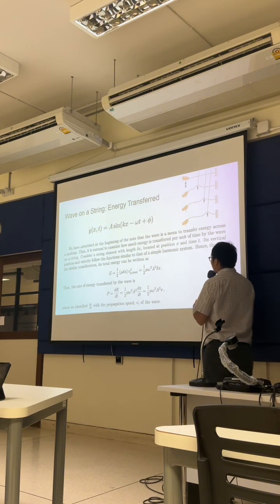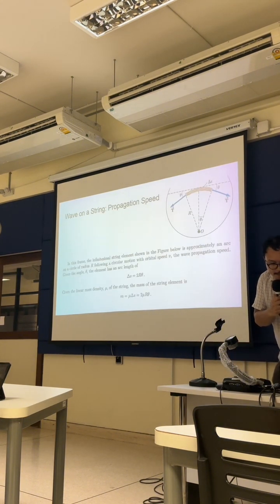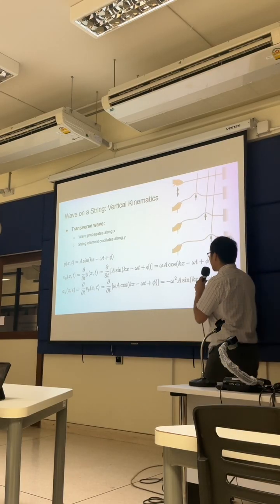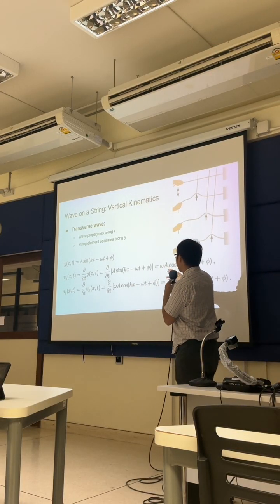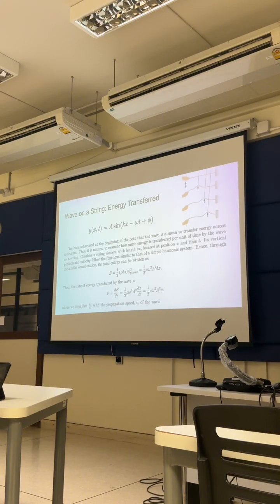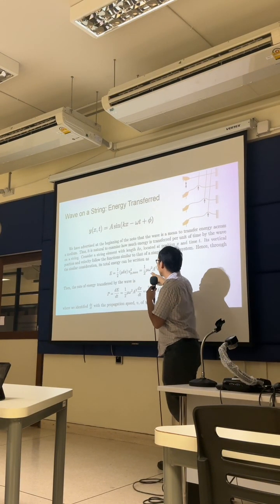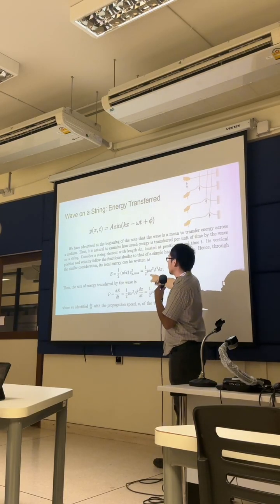So we just do that, and then we know from this expression that Vy maximizes at omega a, right? Because cosine maximizes at 1. Then, as a result, this is just omega squared a squared, right? We have mu times delta x times 1/2.